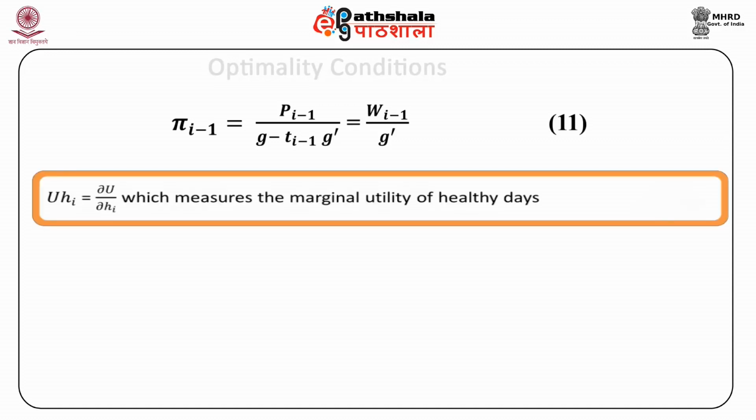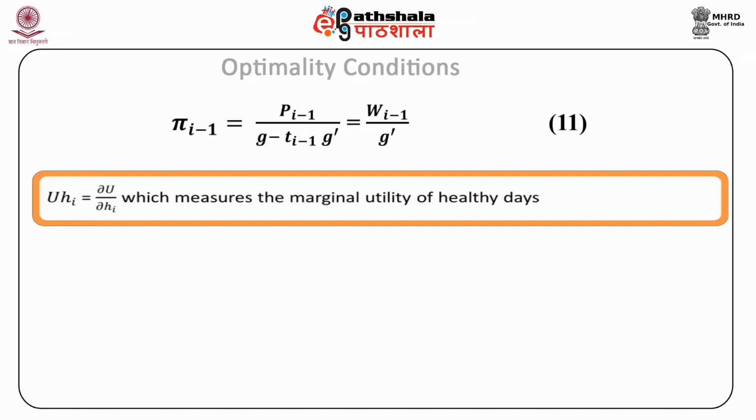Here UHi is equal to delta U upon delta Hi, which measures the marginal utility of healthy days, where lambda is the marginal utility of wealth, Gi is the marginal product of health stock in producing healthy days, and pi i minus 1 is the marginal cost of gross health investment in period i minus 1.